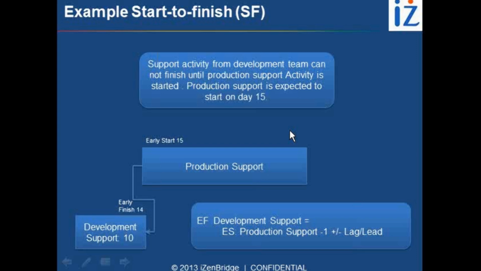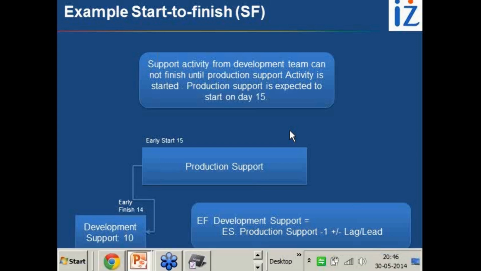Now we are expecting that the production team will start on day 15. That's an expected date. So the development team has to support the product till day 14. Do remember, when you have start and finish characters in a relationship, there is always a 1 day gap. It's not that on day 15 only the development activity will finish.